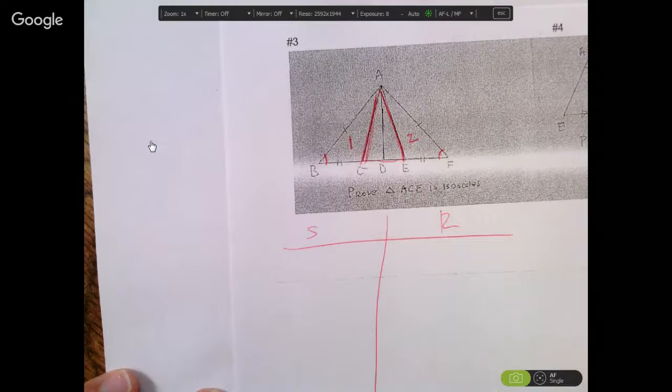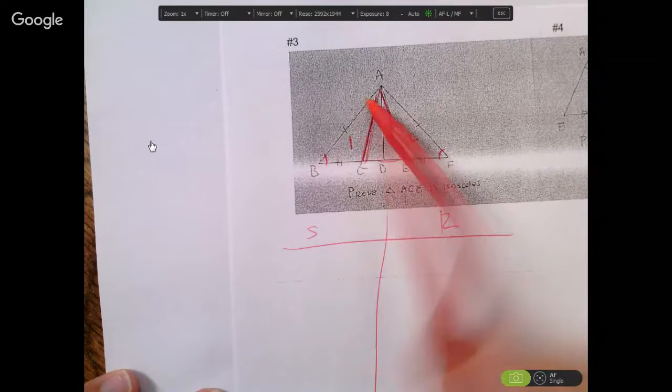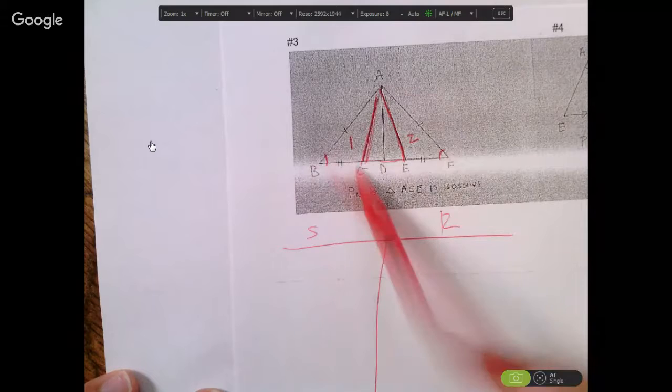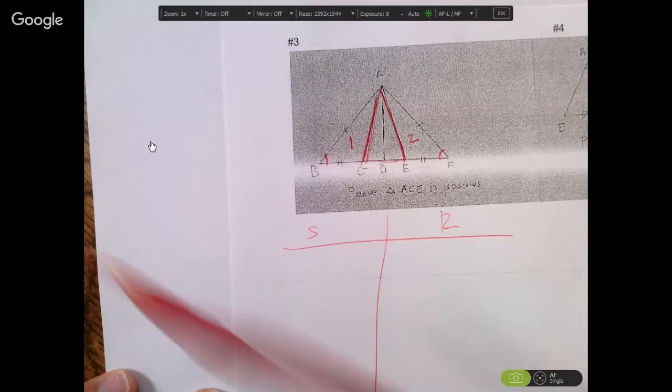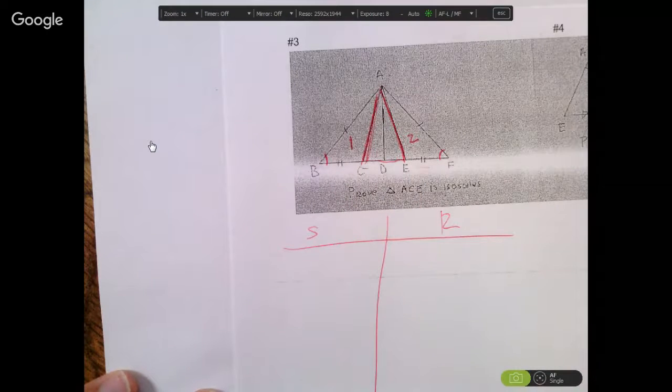So you'll get credit for telling me that these sides are congruent, the given parts. Most of us did that and got some credit. But if the rest of it's just a mess and doesn't end up telling me anything about the isosceles triangle, then you're not going to get much credit. If you made a simple mistake, the logic is good, but you put the wrong reason, then you lose just a little bit. Can I start?